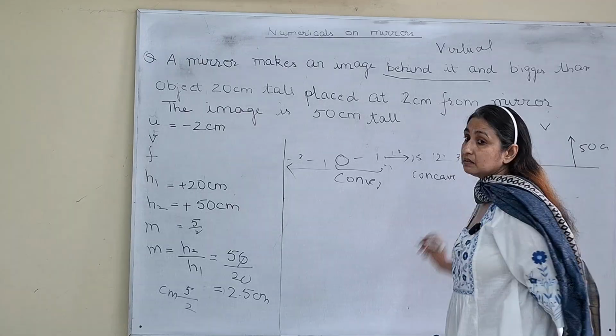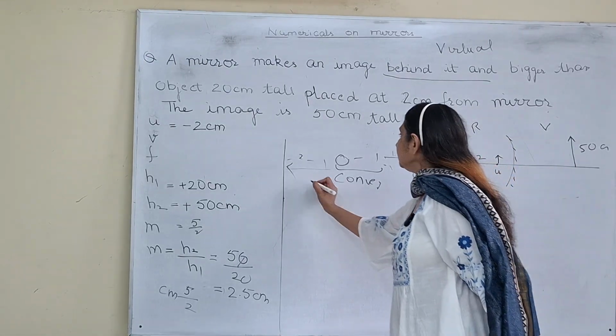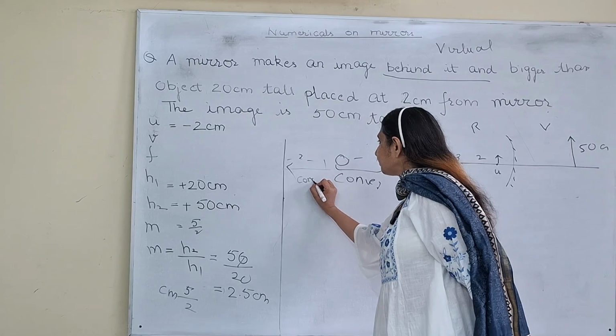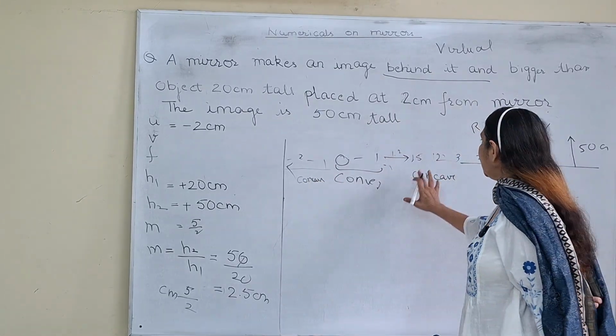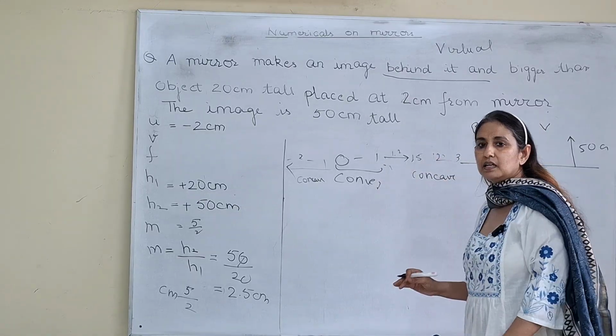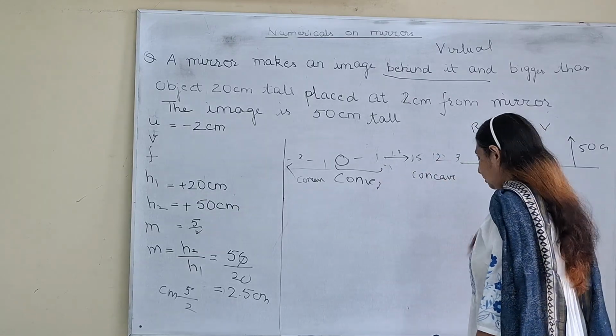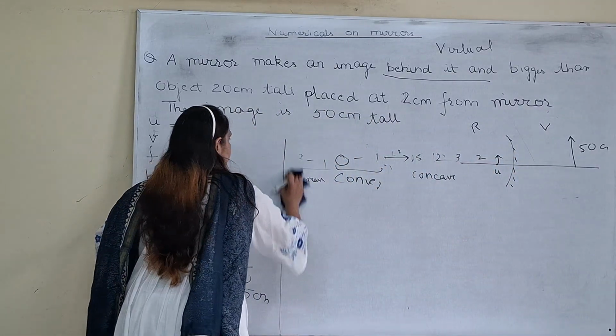I've done a full episode on this magnification, and this is also concave. Now it is 2.5 the magnification, and it is on this side, 1 से ज़्यादा है. Again confirming that it is a concave mirror. This is just confirming that fact.